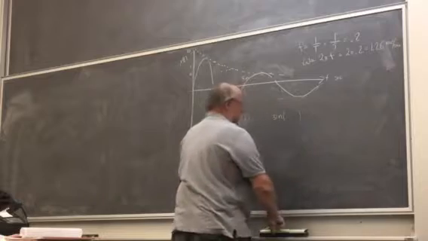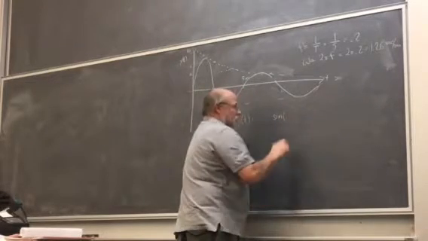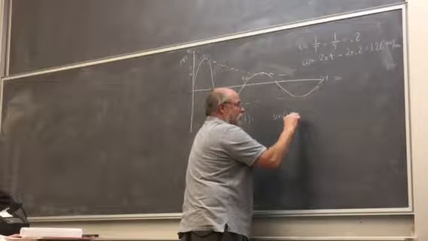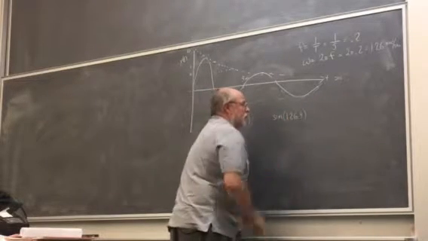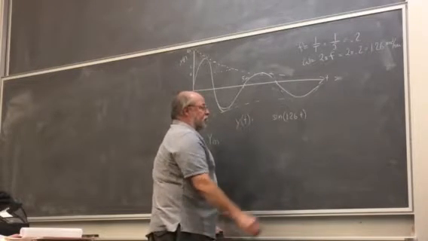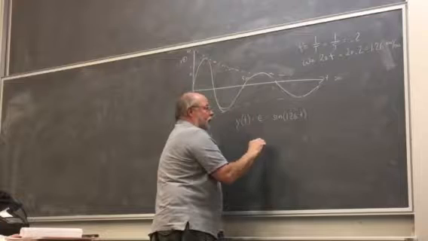So what do I put in here in the sine? 1.26 t. Good. But it's not just a sine, it's an exponentially decaying sine.